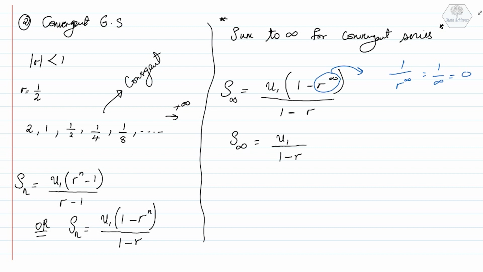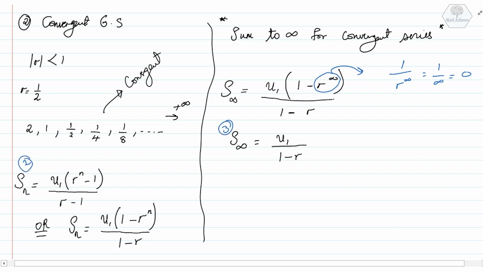And also this rule, since we have this as the second one and this as the third one, we can find this rule also in the formula sheet. For a divergent series, the sum to infinity, we can't find it. If r was positive, we can find it. Otherwise, we can't.